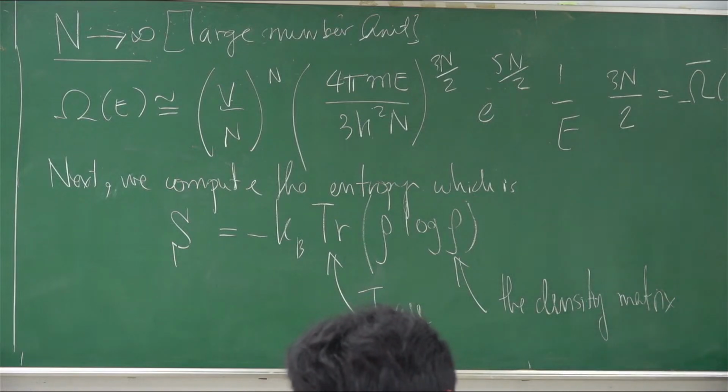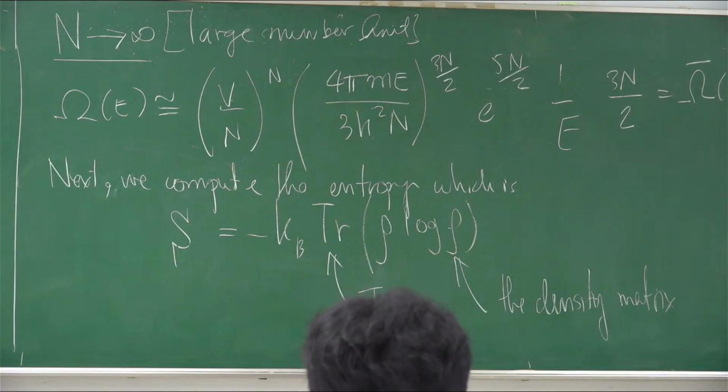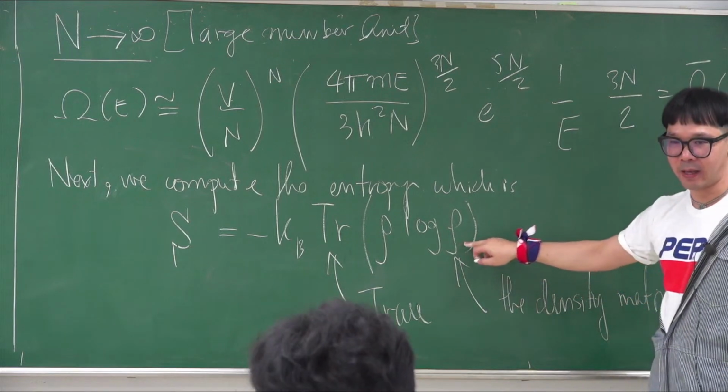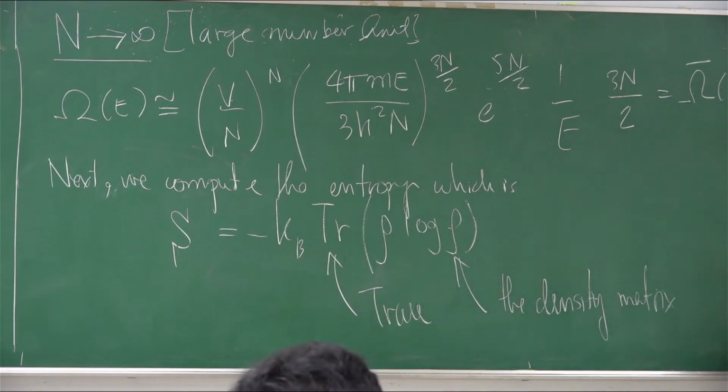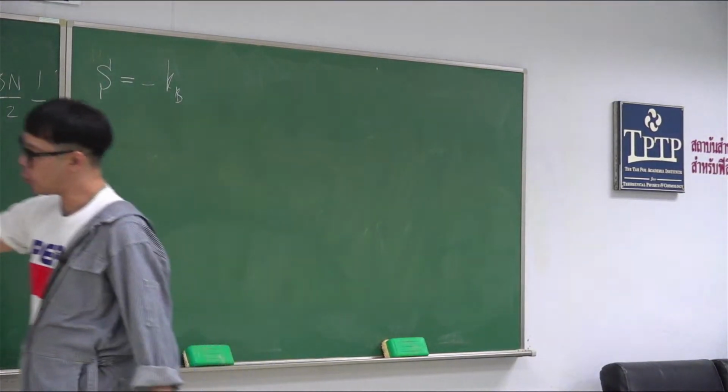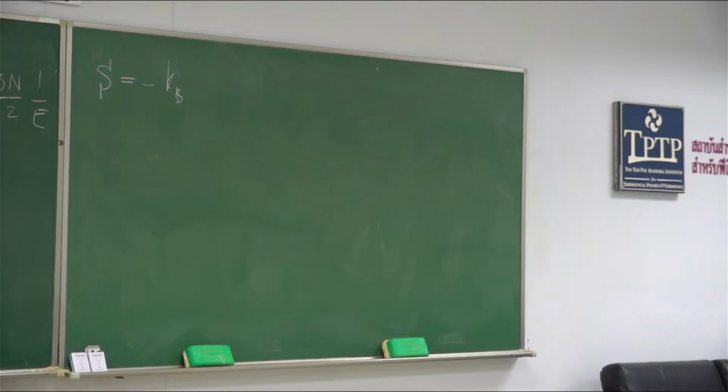Okay. And so actually, from the previous class, we know the way that we define the density matrix, right? So then we put this is the Boltzmann constant, okay?